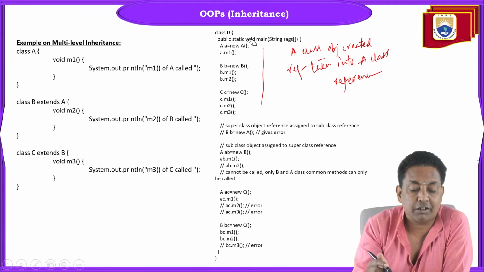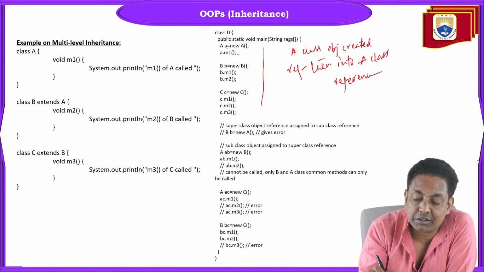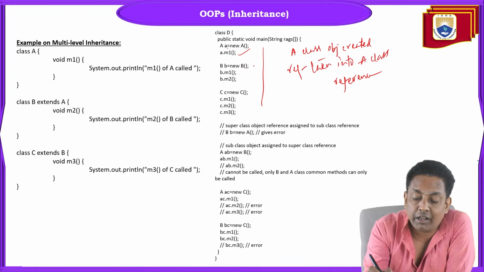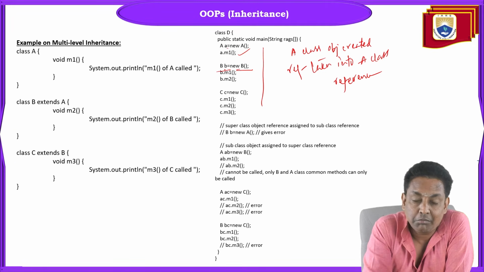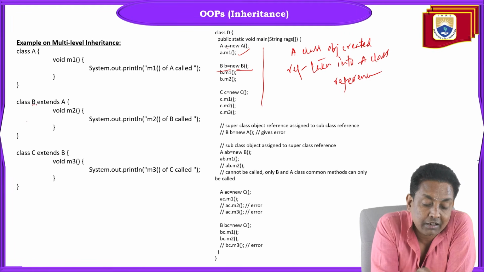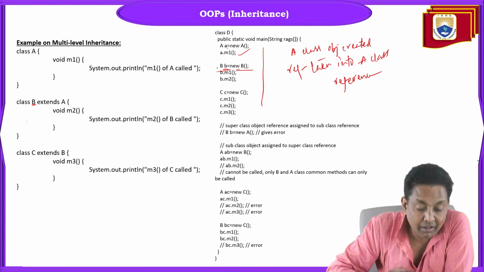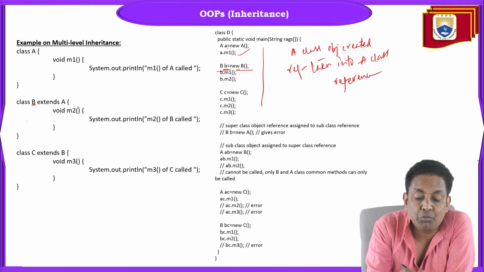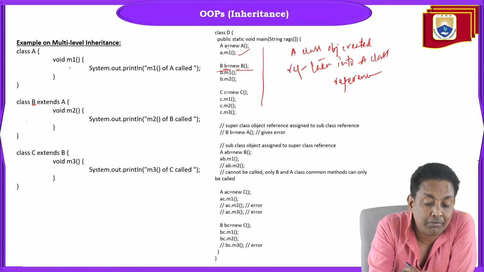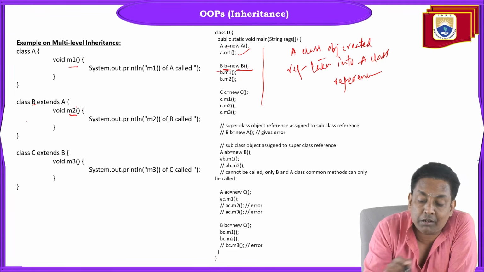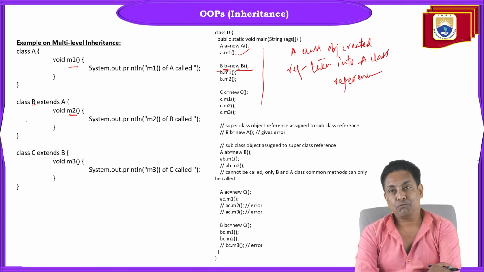If you create an object of A and take the reference into A, you can access only the M1 method. Good. Now, if you create an object of B and take the reference into B, the B class object is created and the reference is also assigned to a B class reference only. Then both the superclass M1 method and the M2 method are available with the help of the B reference.